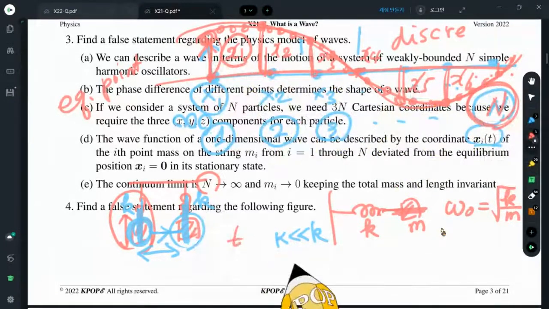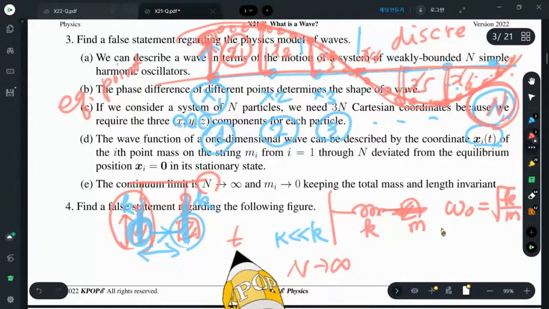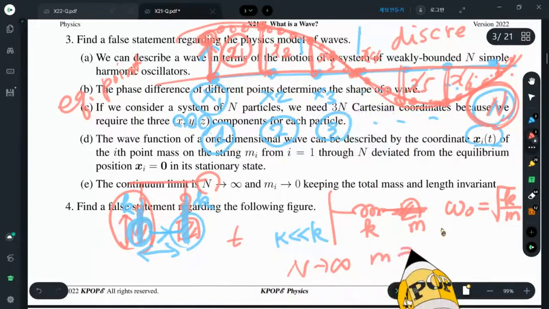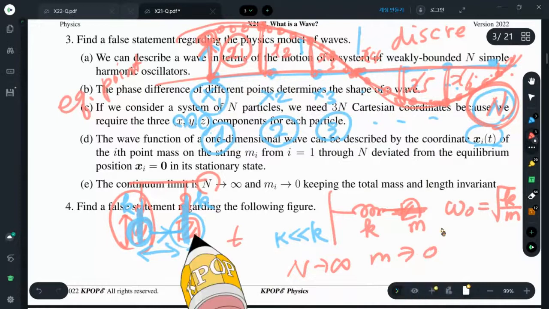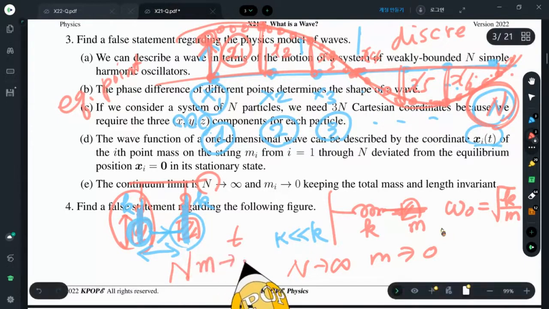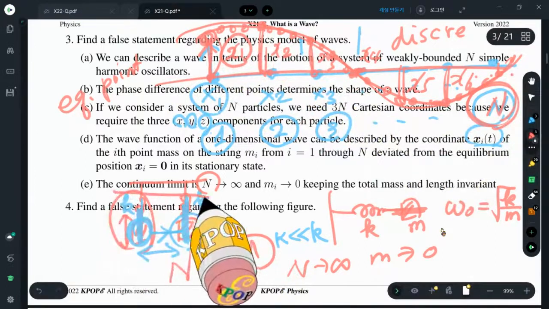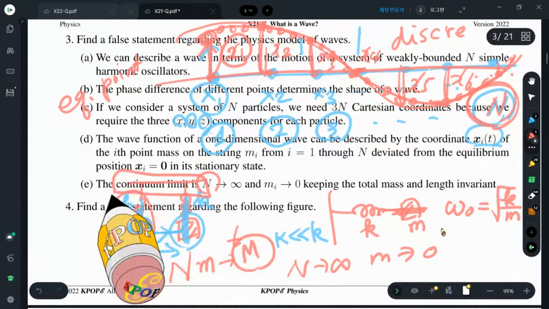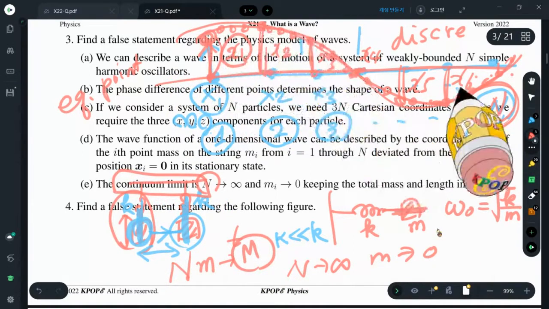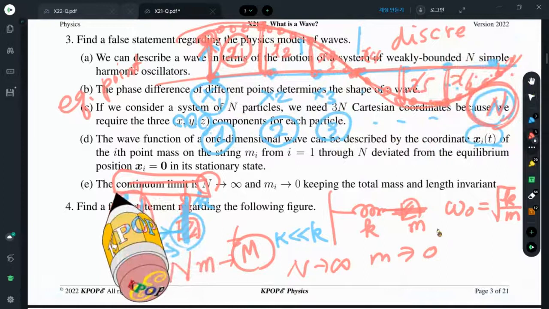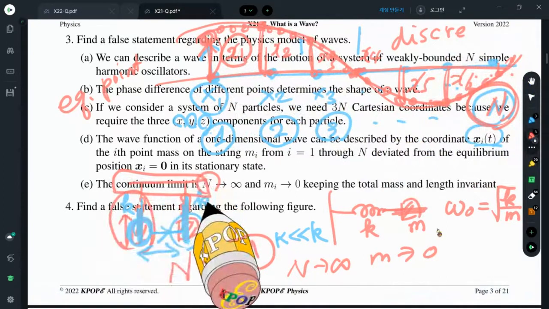We take the limit n goes to infinity, and the tiny mass goes to 0. However, we keep the number of particles multiplied by each particle's tiny mass equal to the total mass of the string. We say this kind of limit is a continuum limit. So using this discrete system and taking the continuum limit, we would like to construct a theory of a wave.